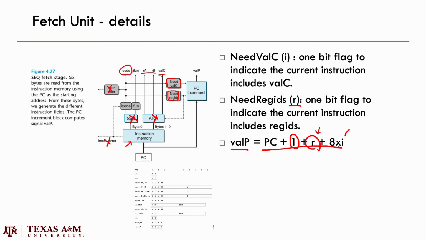And if I is set, which is need valC, it means this instruction includes valC, whose size is 8 bytes. So that's why we take 8 times I. Depending on the signals of I and R, we can update the next PC value.